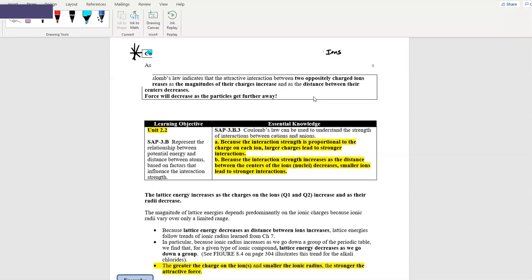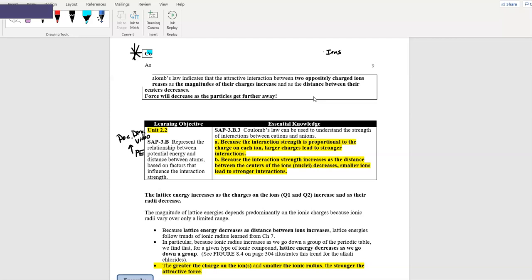That's all about Coulomb's law. So you're seeing it again. 2.2. Represent the relationship between potential energy, called PE, and watch Doc Dina's video. She does an excellent job at it. And based on the factors of those interactions.